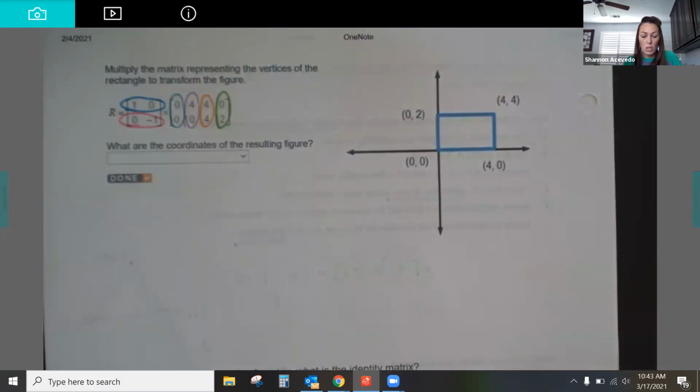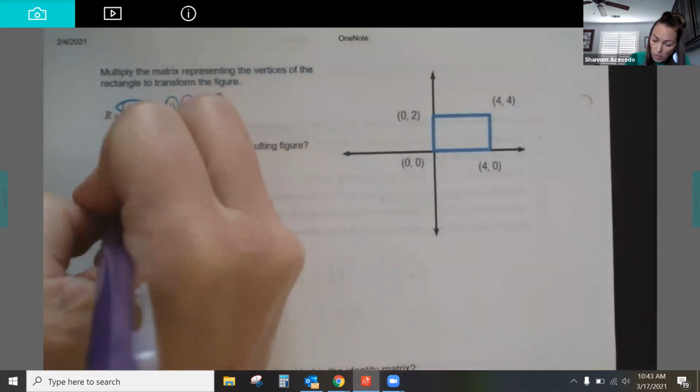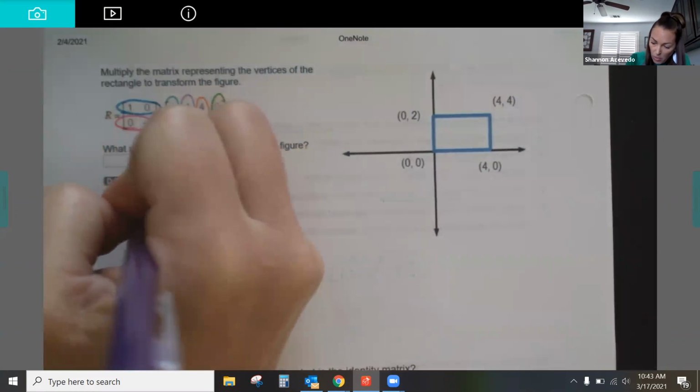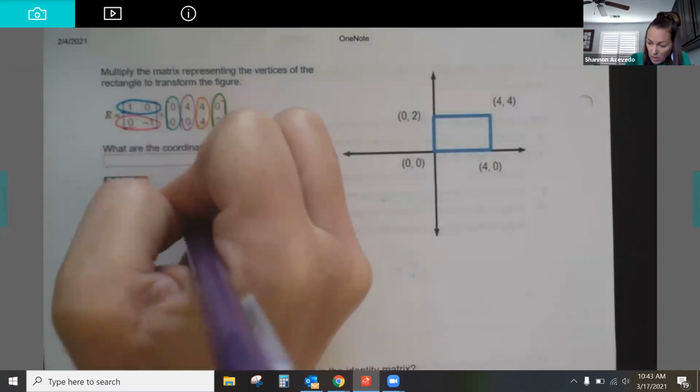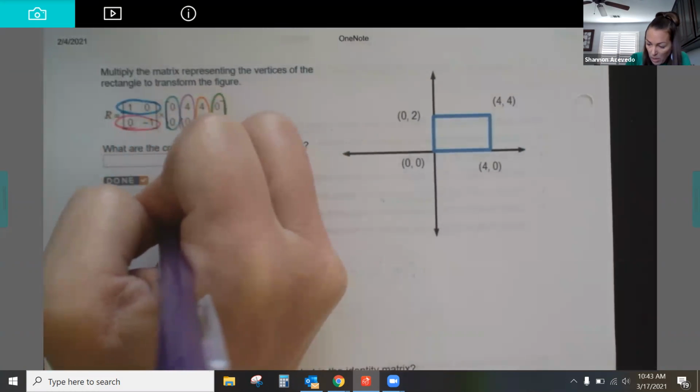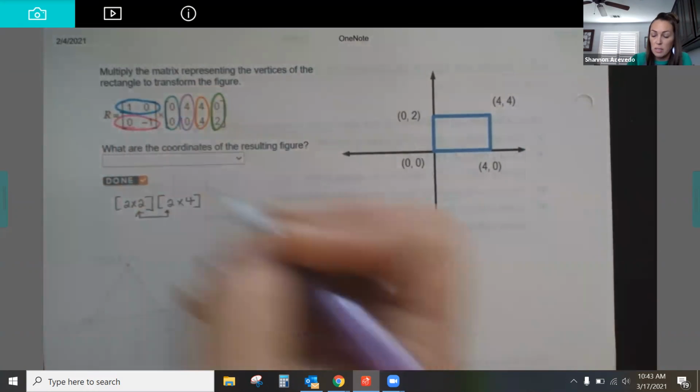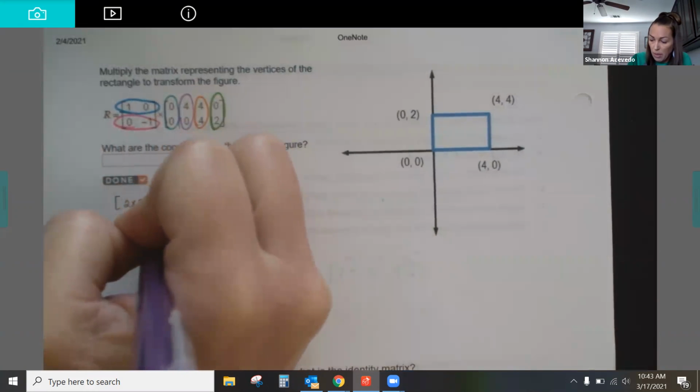Okay, so when I look at this, let me look at what my matrices are. So I'm multiplying a 2 by 2 to a 2 by 4. Since these are the same, we can multiply, right?